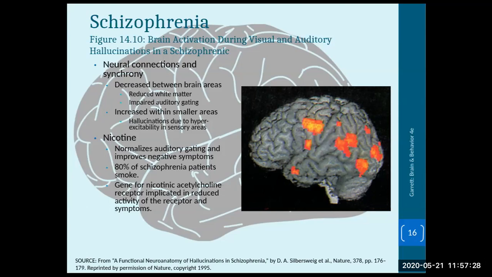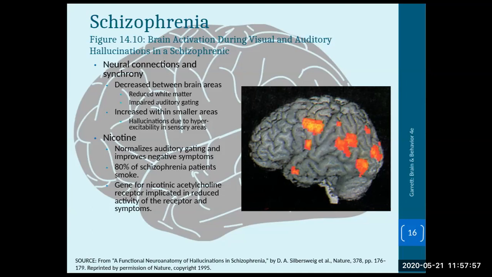One of the interesting things about this is that a lot of times, if medication isn't so responsive, people try other things to self-medicate. Marijuana, of course, is a huge one, and we've talked about the benefits of marijuana for a lot of things, and some of the schizophrenia symptoms seem to be controlled a little better with marijuana, but nicotine is actually one that really seems to work really well.